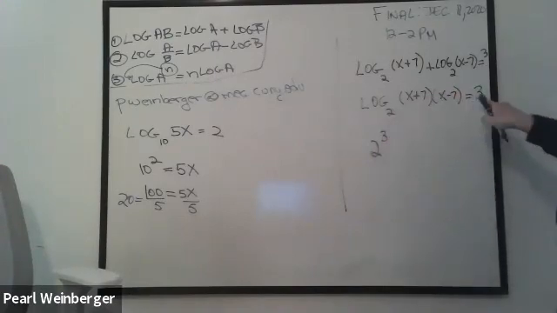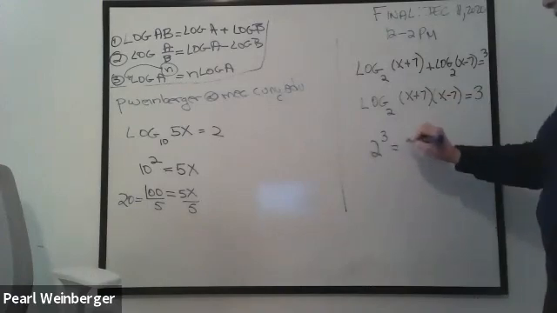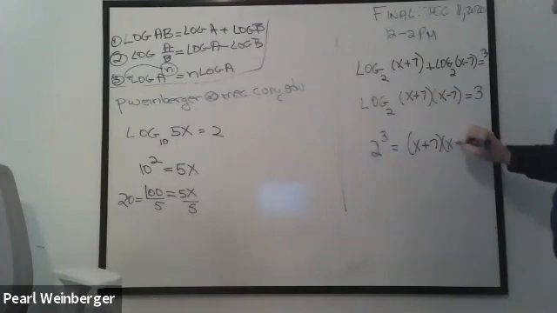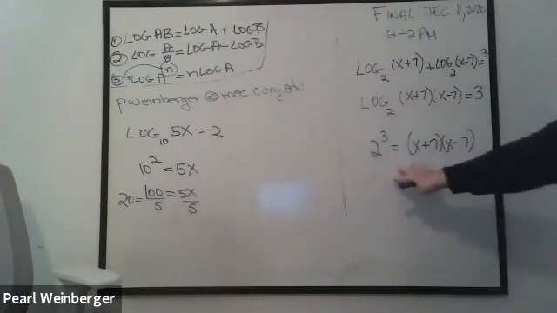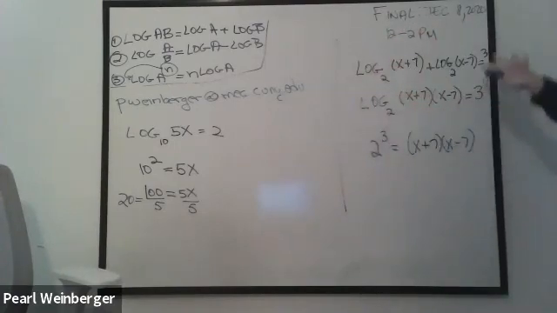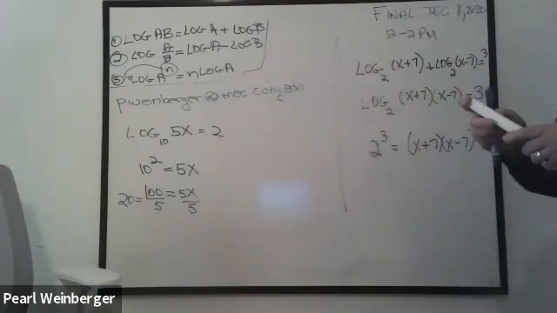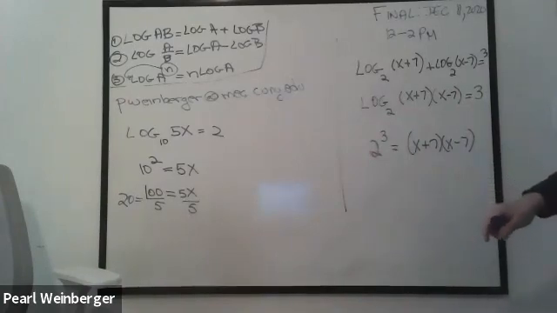My base 2, my exponent 3, and that's equal to the x plus 7 times the x minus 7. And what I've done is I've converted this log equation into a regular algebraic equation. Let's see if we can solve this.